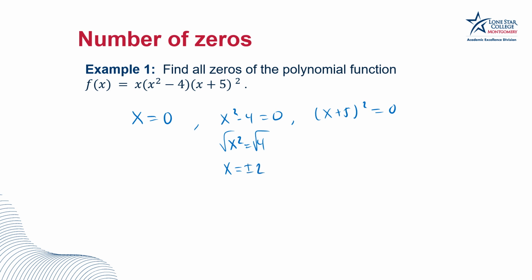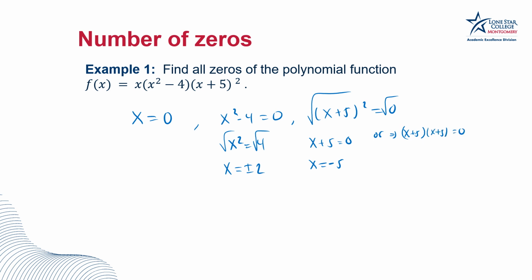Now (x plus 5) squared equals 0. There are two ways we can approach this. We can take a square root like we just did. So it gives us x plus 5 equals 0, and moving 5 over to the right side gets you negative 5. Or alternatively, you can think of this as x plus 5 times x plus 5.